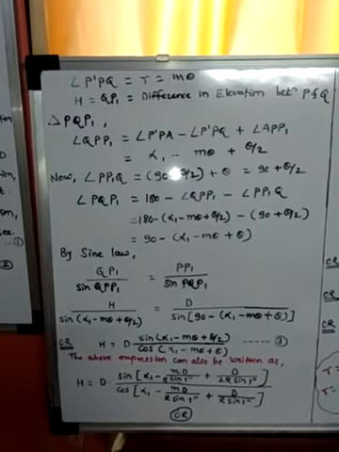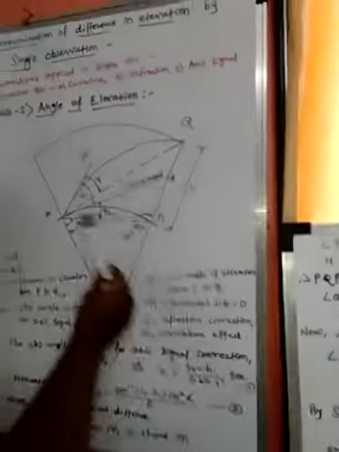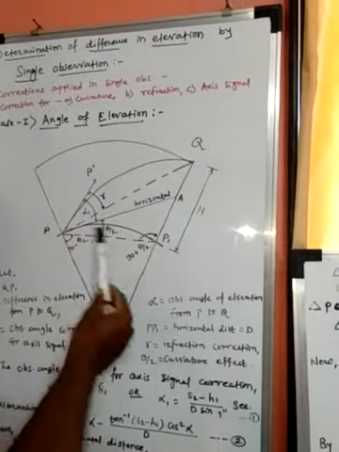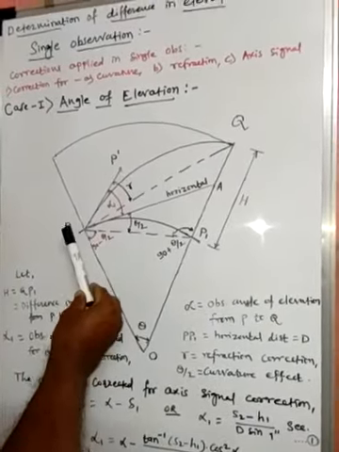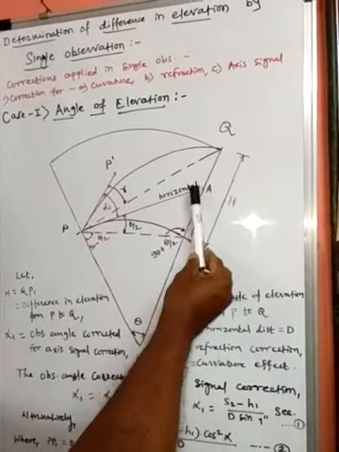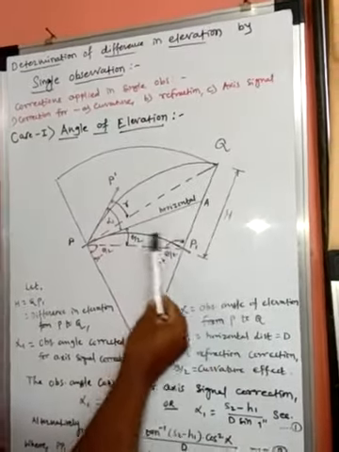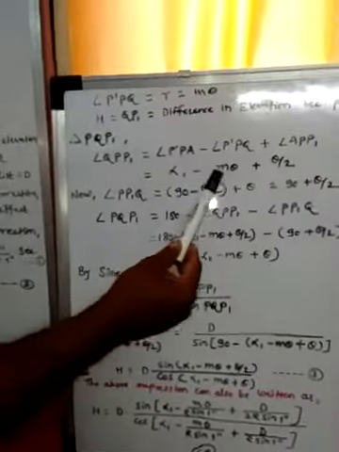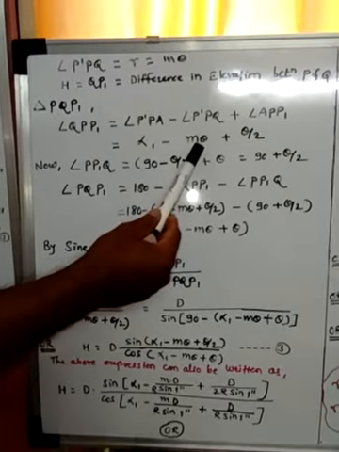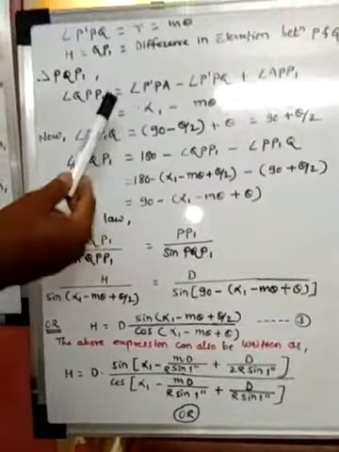You have to find the particular angles. For the angle QPP1, the total angle is found from P dash PA minus P dash PQ plus APP1. This will be written as alpha 1 minus m theta, where m theta is the refraction angle r plus the curvature effect half of theta.